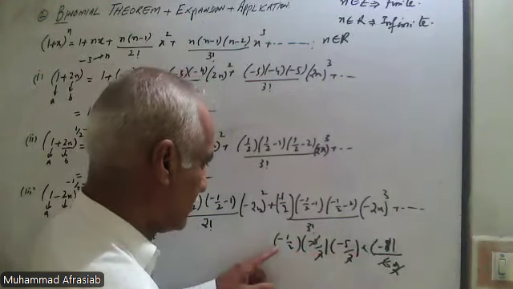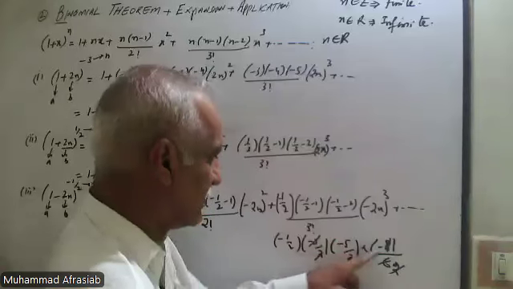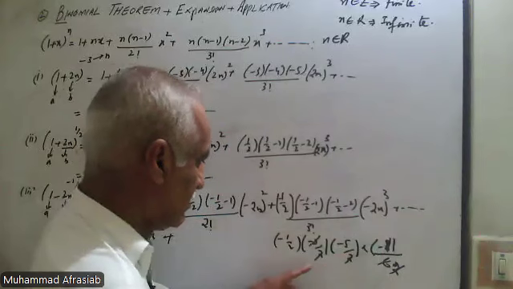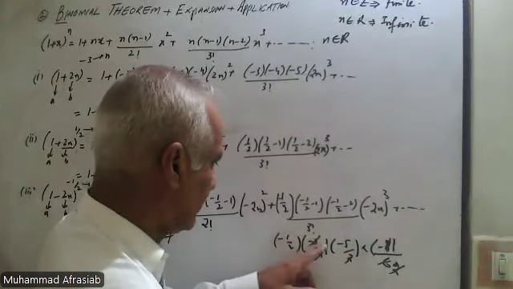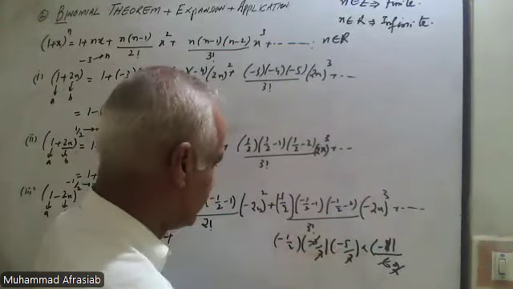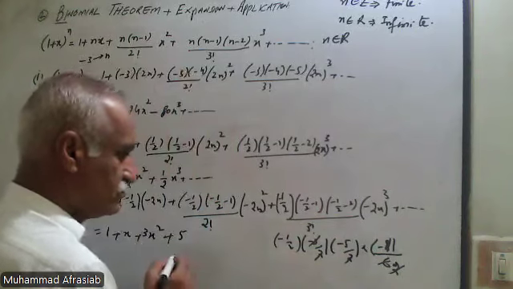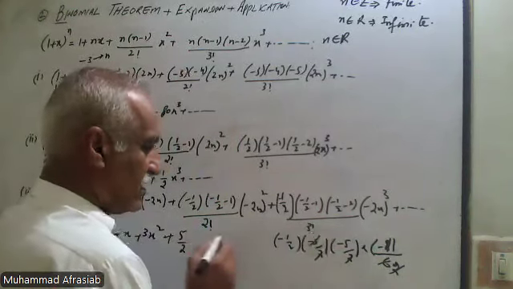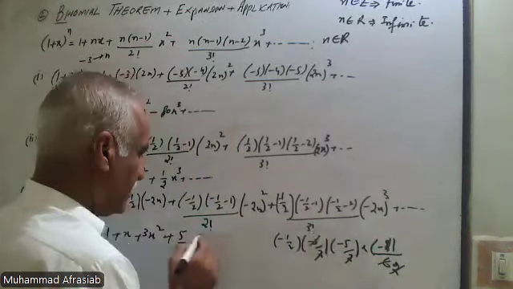So here it is left minus 1, minus minus plus, so it will be plus. Now 1 into 5, 5 divided by this 2 and x cube to that.